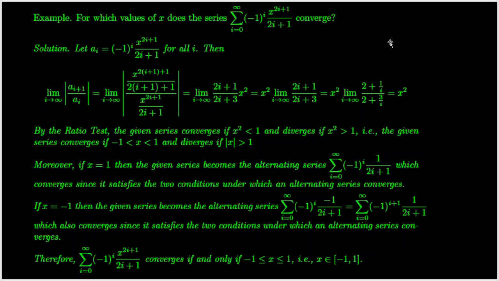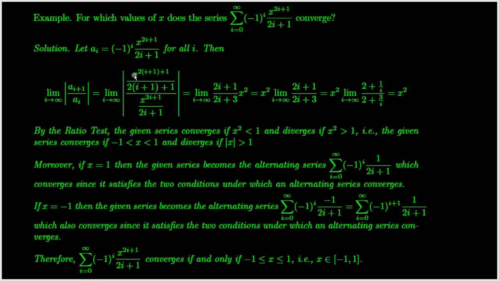To use the ratio test, identify a_i first. Identify a_i, the term determined by the index value of i. Identify a_i first, and then we compute the limit of the absolute value of the ratio a_(i+1) over a_i, right? I hope this one is not too complicated, but the idea is that in order to get a_(i+1), wherever you see i in here, you replace i with i plus 1, probably in brackets.